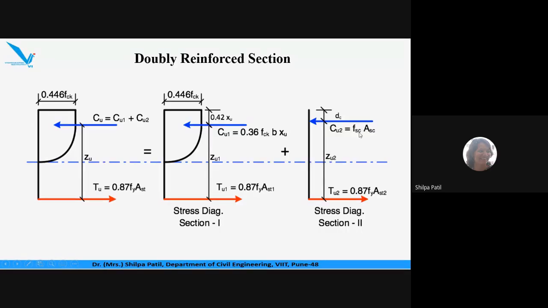The stress in the steel in the compression zone is denoted by the notation fsc, and the area of steel in the compression zone is denoted by Asc. So the force of compression developed by the compression steel is given by fsc into Asc. Is there any doubt with this stress distribution diagram?